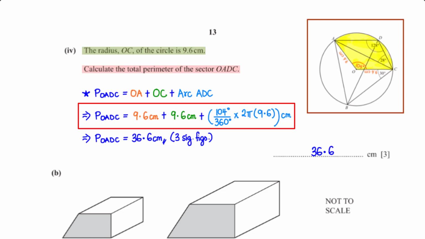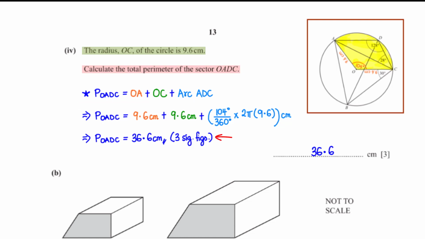The length of the arc can be found using theta over 360 degrees times 2 pi r, where theta is 104 degrees and the radius r is 9.6 centimeters. When we type this into the calculator, we get 36.6 centimeters rounded to 3 significant figures.